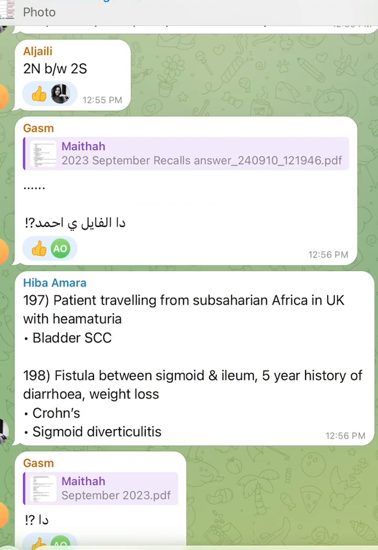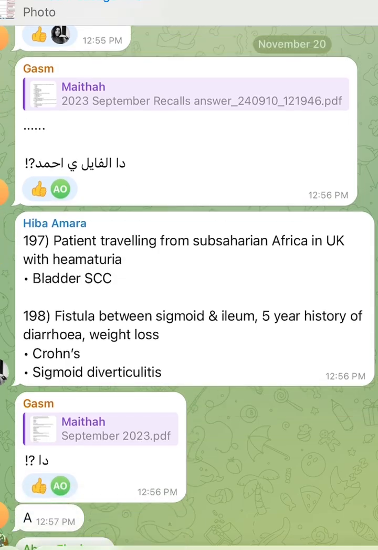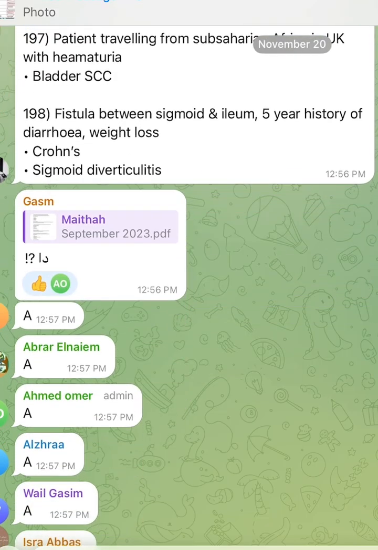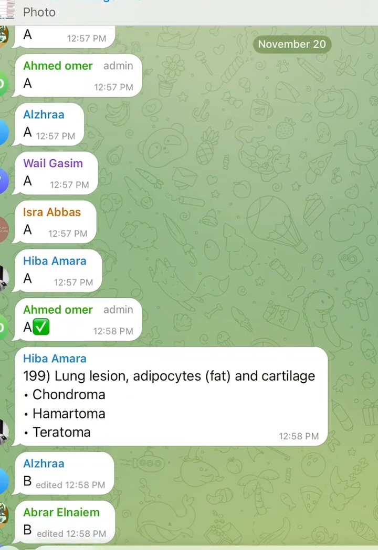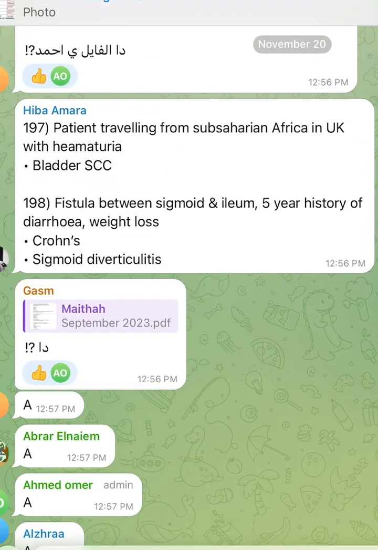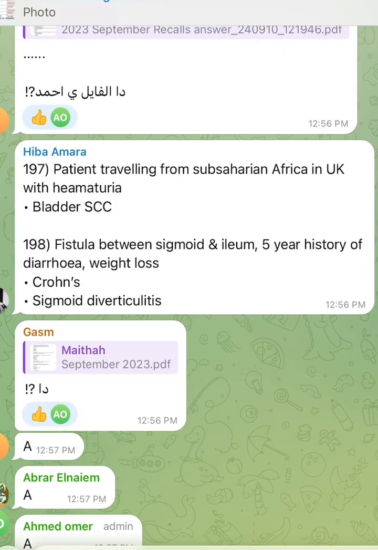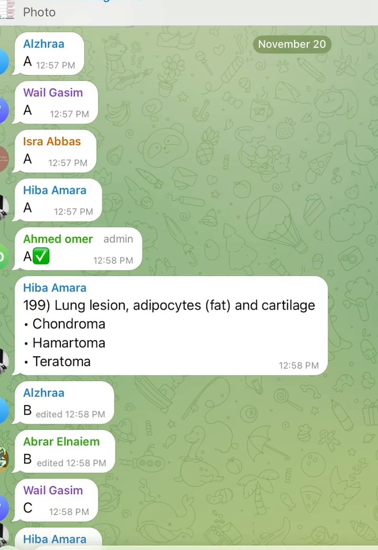Patient traveling to sub-Saharan Africa, bilharzia, squamous cell carcinoma. Fistula between sigmoid and ileum, diverticulitis. Fistula with ileum is okay, Crohn's disease. Lung lesion, adipocyte, fat, cartilage: hamartoma.